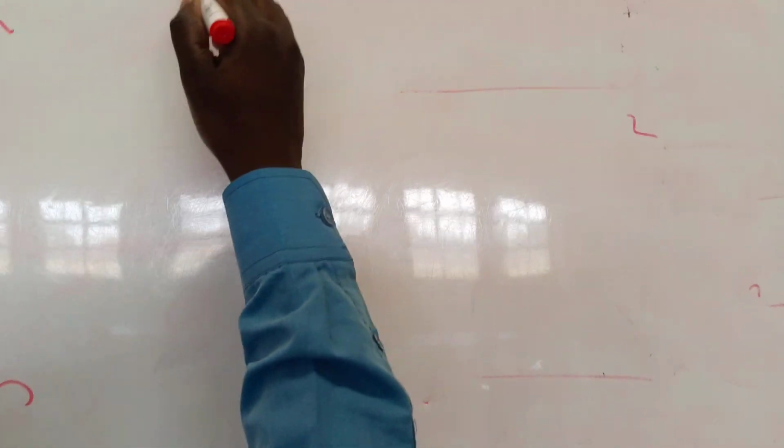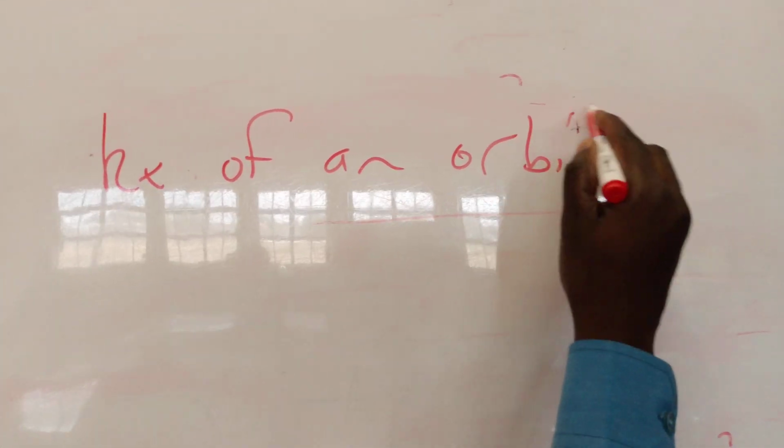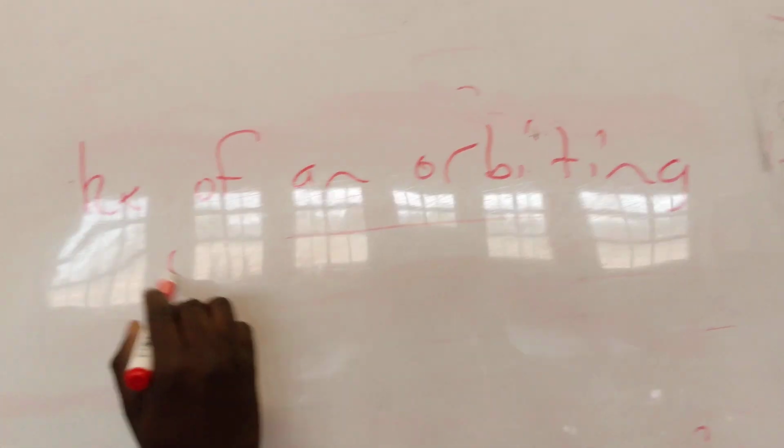So we want to consider the kinetic energy of an orbiting electron.